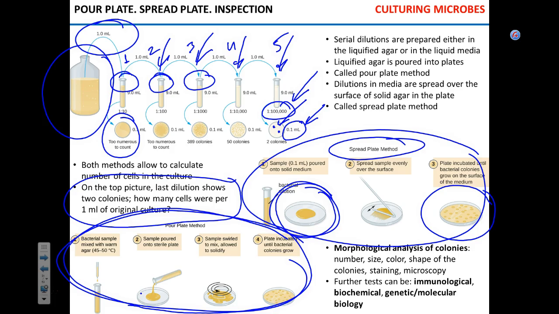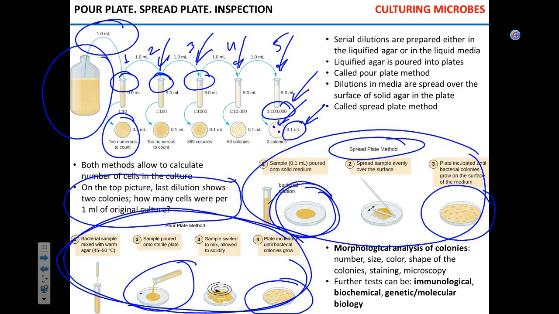You add your sample, you pour it into the plate, it solidifies, and in a couple of days you have your colonies. So in the spread plate method, you put the sample on top of the agar. In the pour plate, you add the sample to the liquefied agar. Does that make sense?